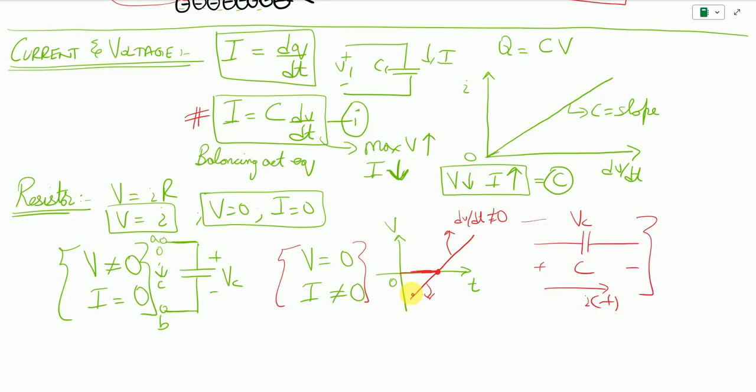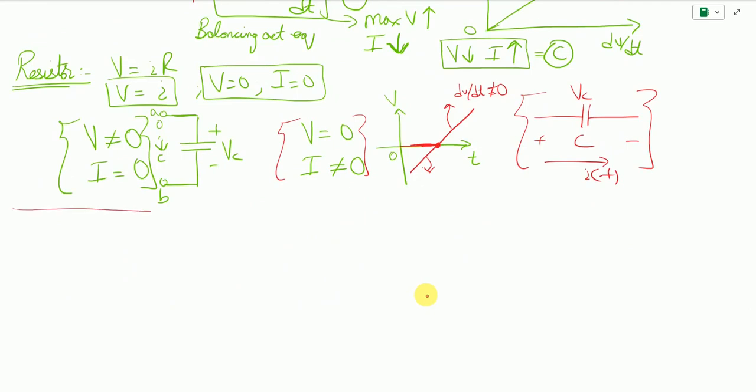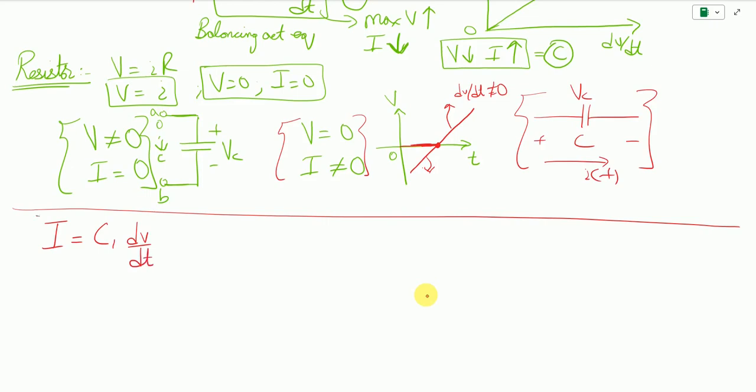We'll see this shortly. But anyhow, let us see what this equation is saying. So let me write this equation again. This is the equation for finding the current flowing through the capacitor. If you have a capacitor C1, it is dependent upon the rate of change of voltage. So as long as the voltage is changing, the current is going to exist.